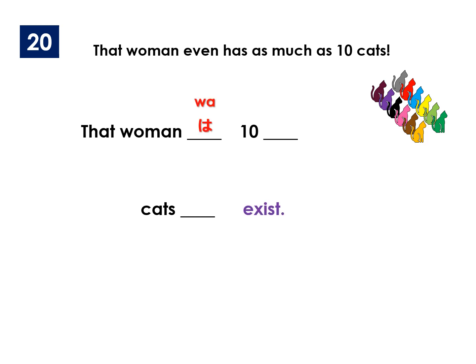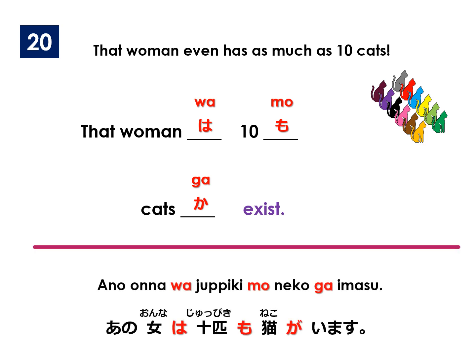That woman takes the particle wa, and the quantity 10 takes the particle mo to mean even as much as, and cat takes the particle ga to mean it is what exists, and in Japanese, あの女は10匹も猫がいます。That woman even has as much as 10 cats, or simply, that woman has as much as 10 cats.